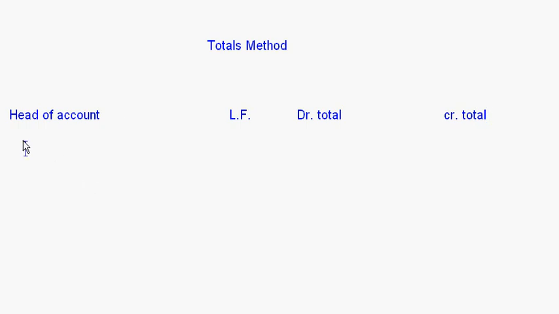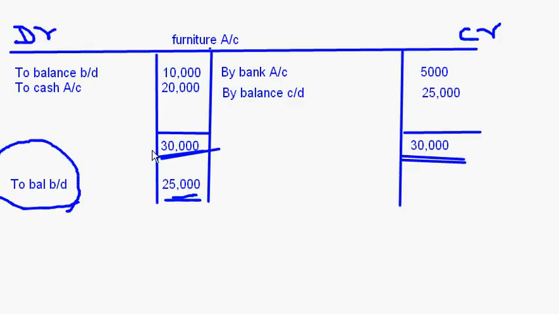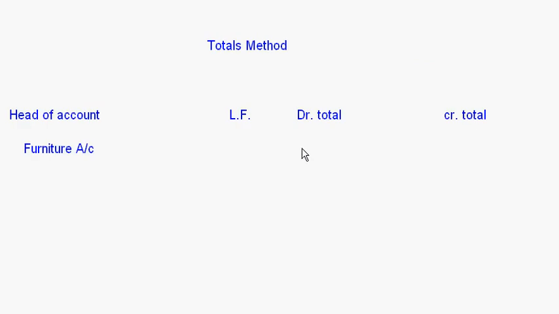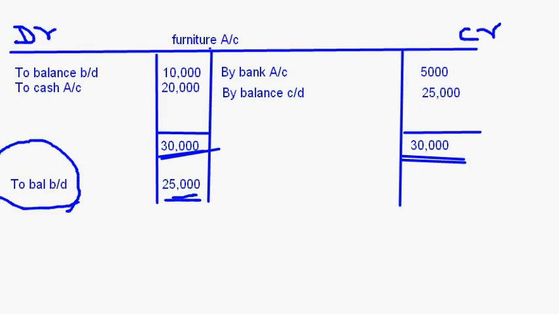Now here we will write furniture account. Now the debit side total, that's what we have to write. The debit side total is 30,000, fine. So here we will write the debit side total, that is 30,000. And what is the credit side total? The credit side total is 5,000.